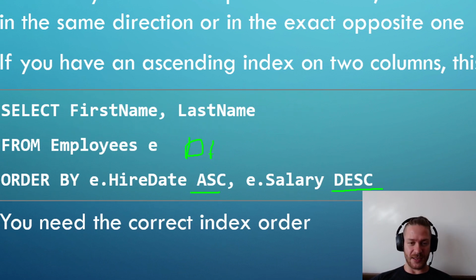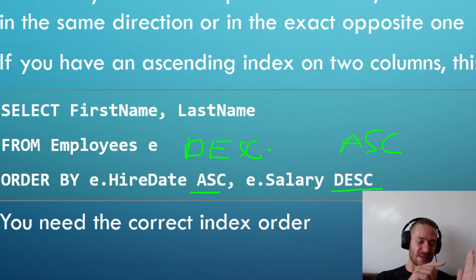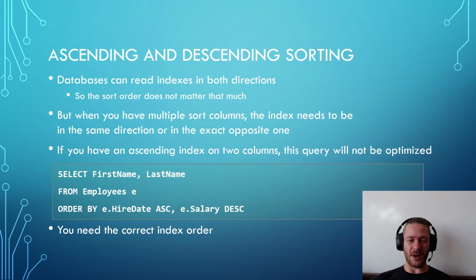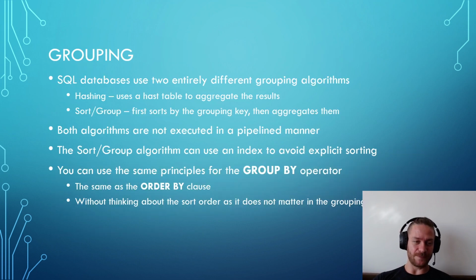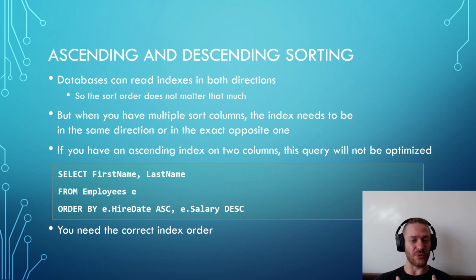So in this case, descending and ascending will work too if the index order is correct. So either the way the index is stored or the exact opposite. If some of these values is mixed, then SQL Server needs to execute an explicit sort. This is all you need to know about sorting.